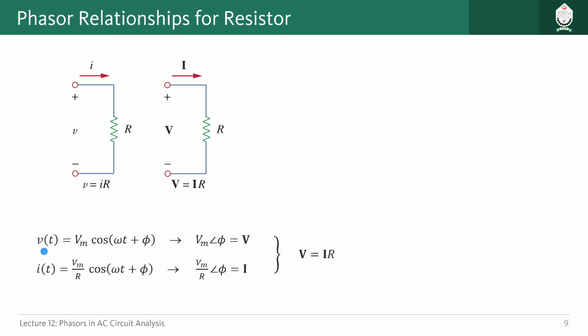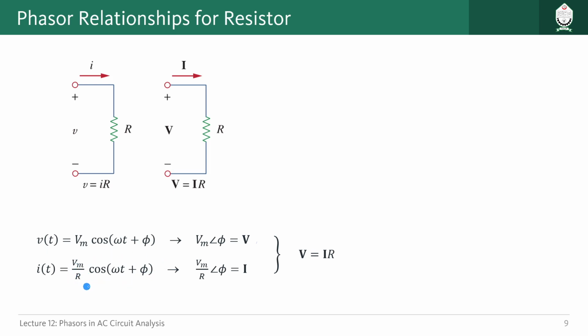So let us assume that the voltage we are supplying across our resistor is Vm cos omega t plus phi, and this can be represented in its phasor form like this. Vm angle is phi, and let us call that V. Now, taking the help of Ohm's law, we can represent the current going through that resistor like this, just dividing by its resistor R, right?